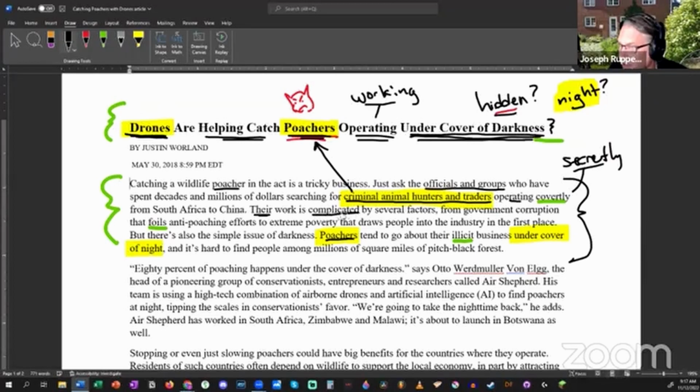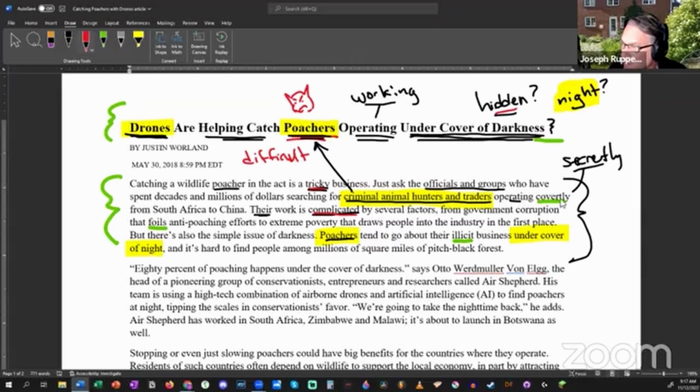Actually, we have complicated, which is difficult, and tricky business, which also gives the idea of being complicated. Both of these are saying it's difficult. It's hard. So it's difficult, complicated by several factors, from government corruption.